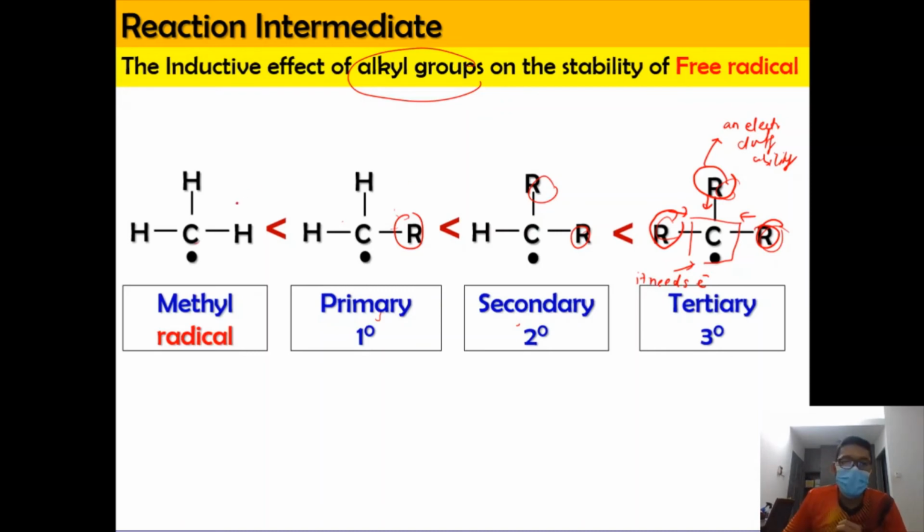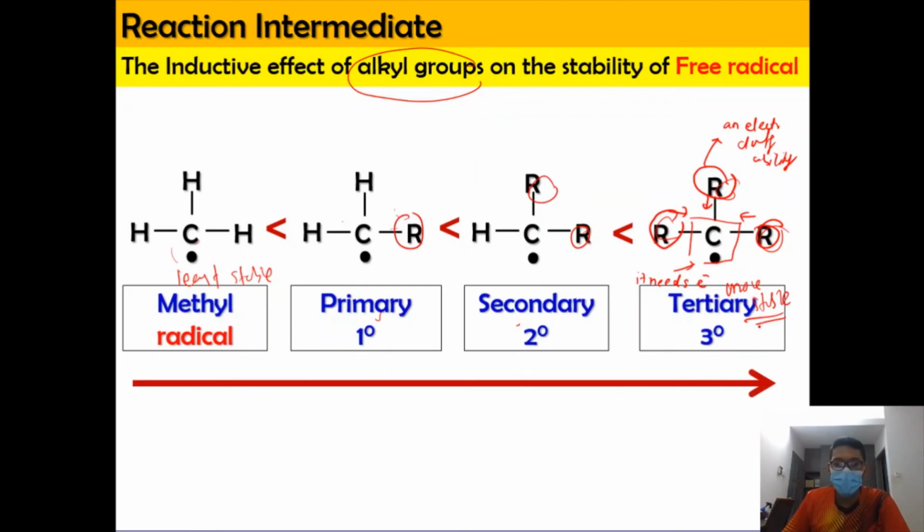However, when there is no electron donating ability, the radical here is not stabilized and therefore it's going to be the least stable. Okay, so least stable, this one more stable. So we can say that the stability increases from methyl radical to tertiary radical.